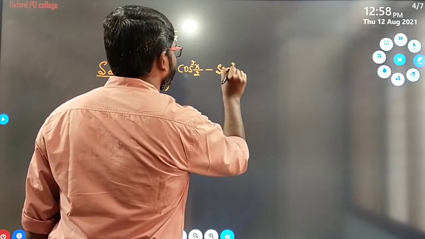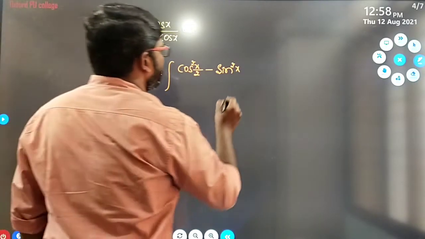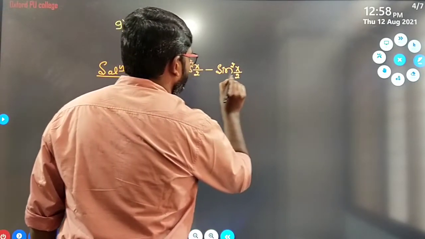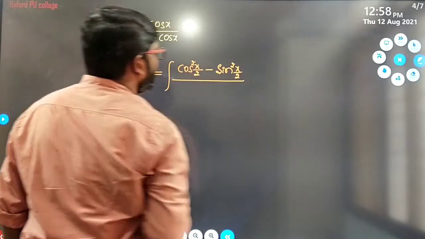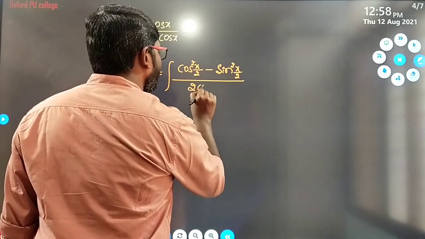I am making use of the half angle concept. Cos square x by 2 minus sin square x by 2, then divided by 1 plus cos x, which can be written as 2 cos square x by 2.